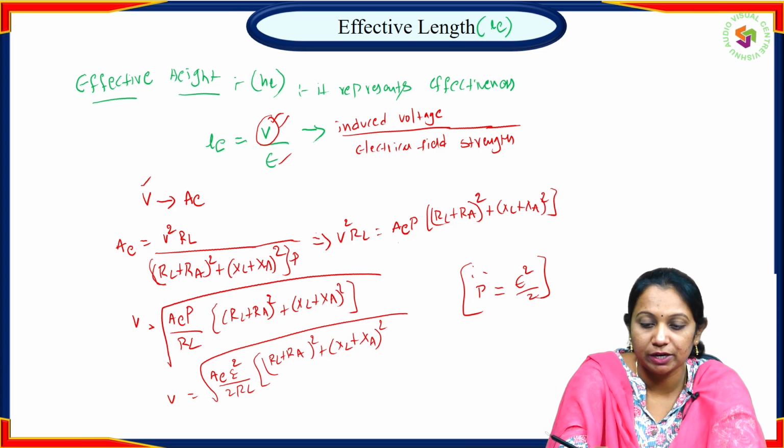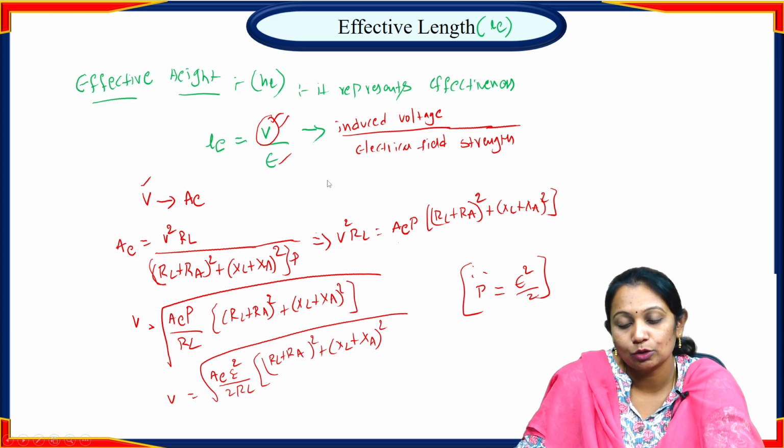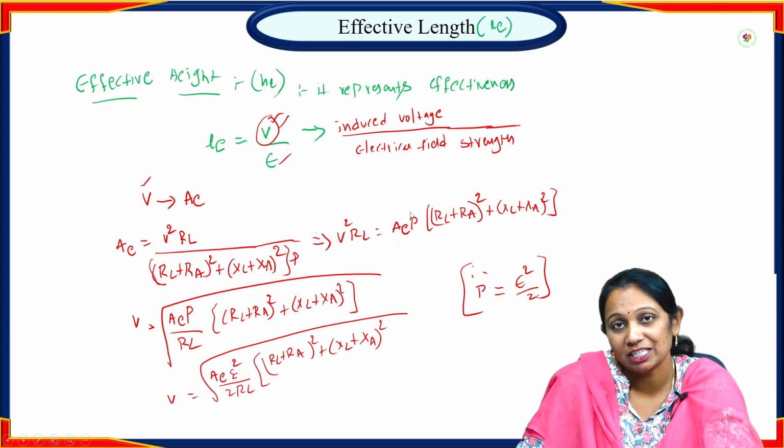Now, I need the expression for V by E. Let us take E outside of this one. Here again we calculate the maximum effective area, so here also I am going to consider the maximum condition when the maximum power is transferred from the antenna to the load.